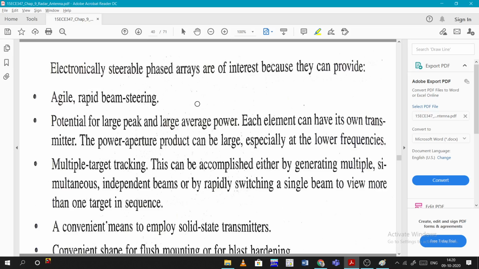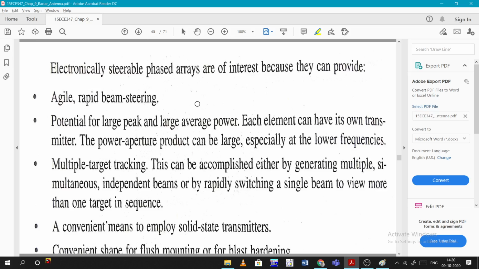Each element can have its own transmitter, and the power aperture product can be large, especially at lower frequencies. And multiple target tracking, we can track multiple targets at once. This can be accomplished either by generating multiple pulses simultaneously or independent beams, or by rapidly switching a single beam to view more than one target in sequence.